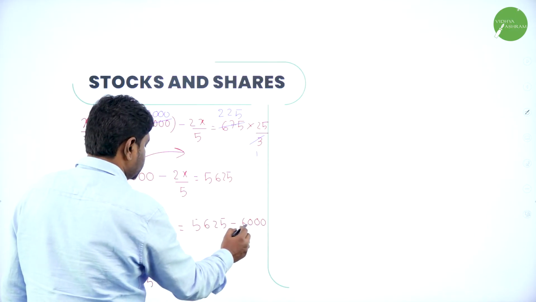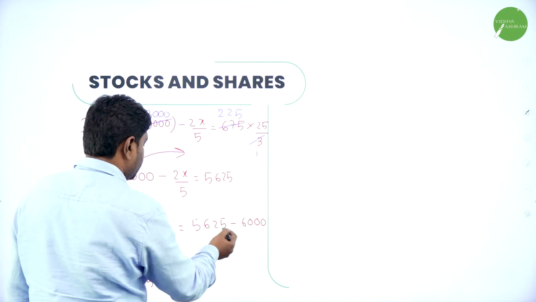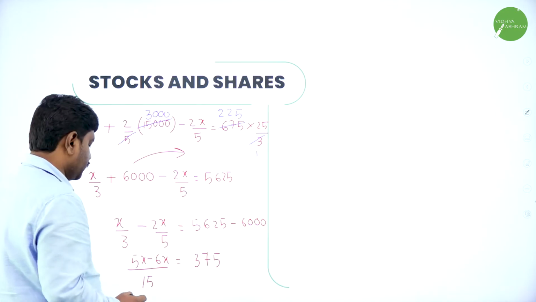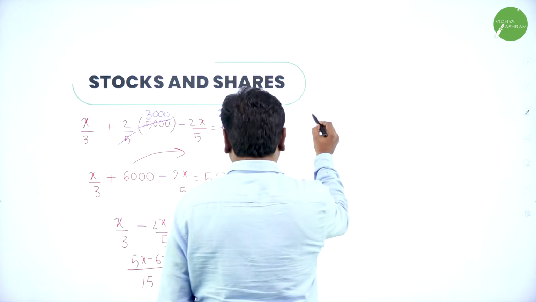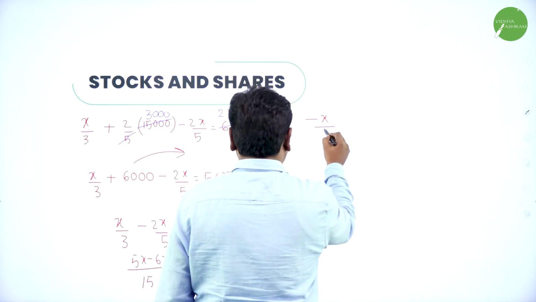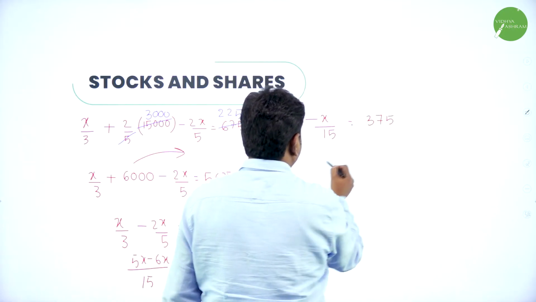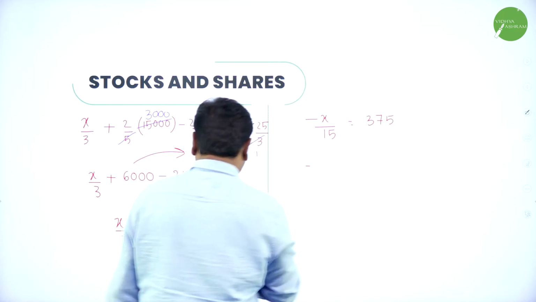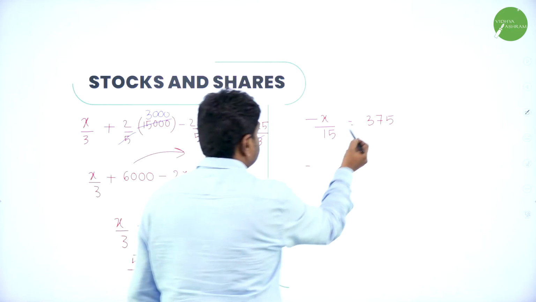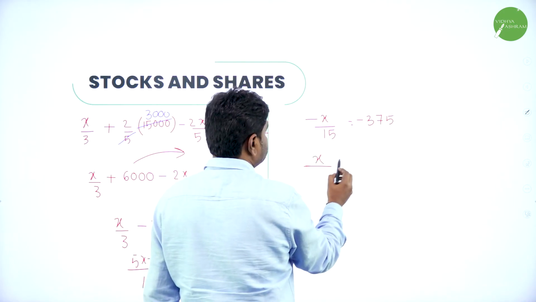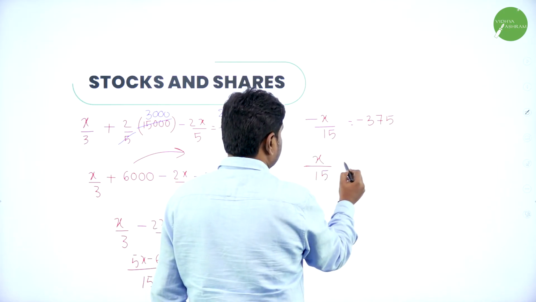So 5625 minus 6000 will become minus 375 exactly. Now further, 5x minus 6x is minus x divided by 15 is equal to minus 375. Here 6000 is greater, so minus minus cancels, we will be left out with x by 15 is equal to 375.